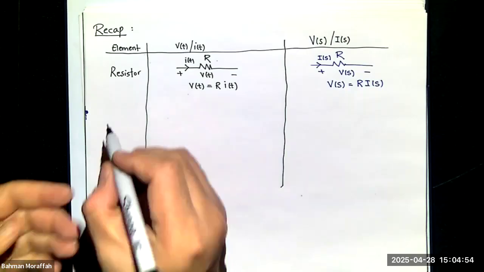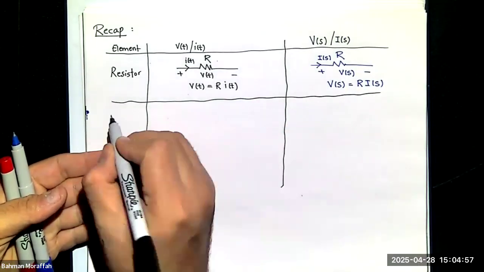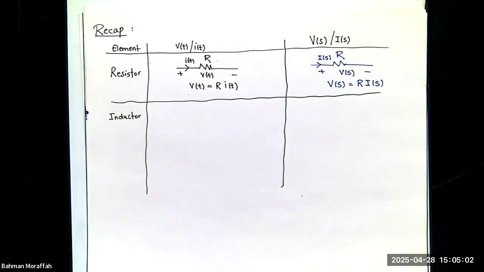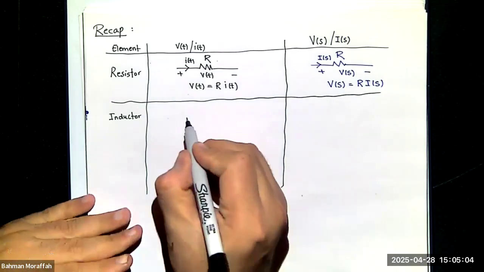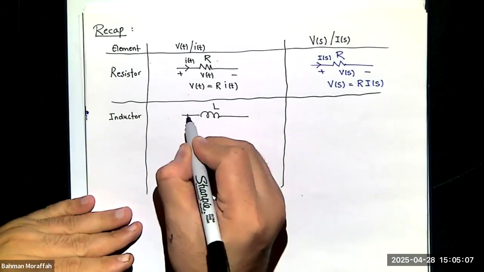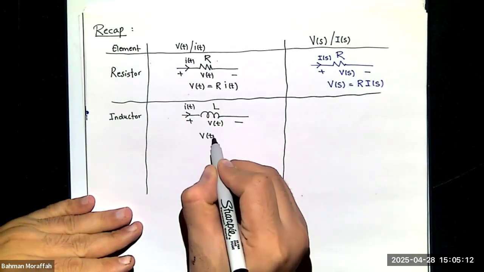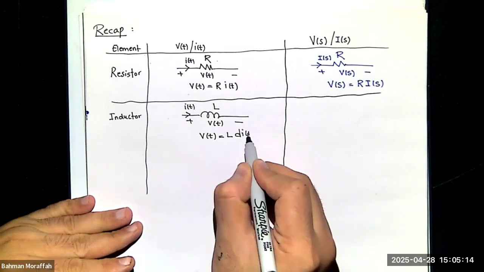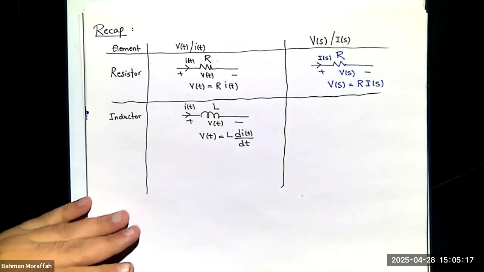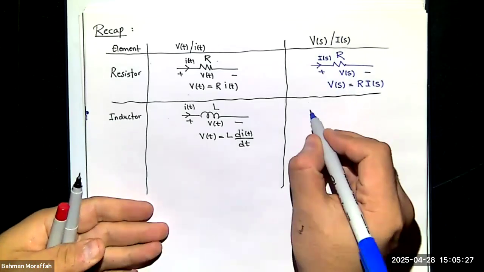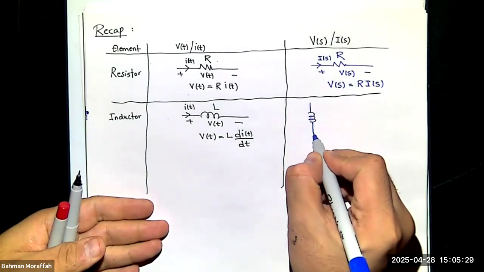Now we have the inductor, which requires a little bit more care. Let's just say I have an inductor with value L, current through i(t), voltage across v(t). I know v(t) equals L di(t)/dt. But as soon as I go from time domain to the Laplace domain, this L becomes these two elements all together.